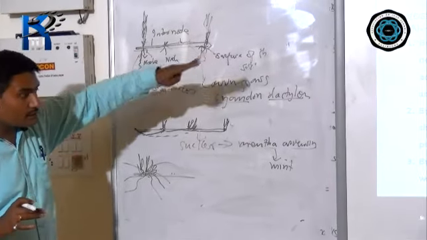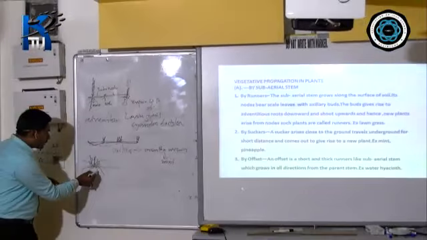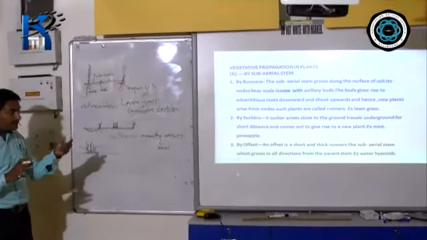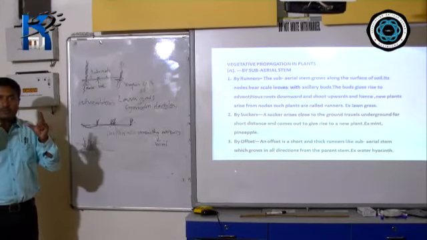It grows on the surface, in all directions, and from all directions the bud comes out and gets formed into a new plant.